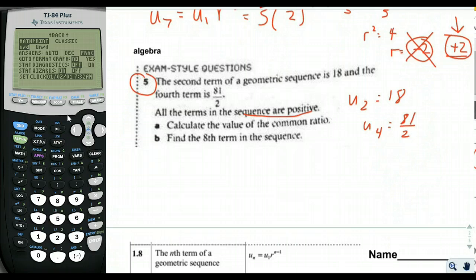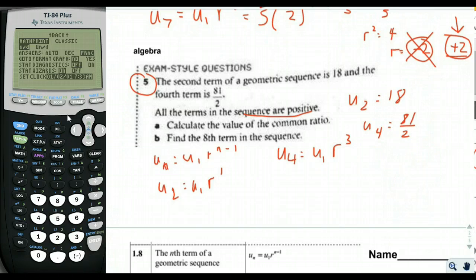This is a little bit trickier because if we use our formula, we don't know what u1 is. But they do give us 2 values on the geometric sequence. So we could say u2 equals u1 times r to the 1, and we could also say u4 equals u1 times r to the 3rd. And we know these values.